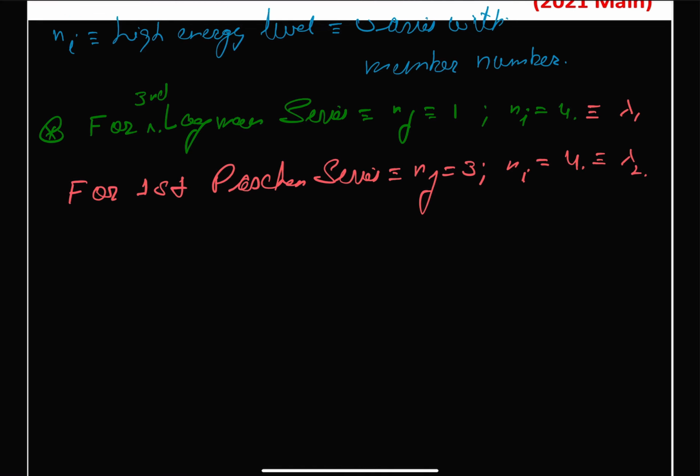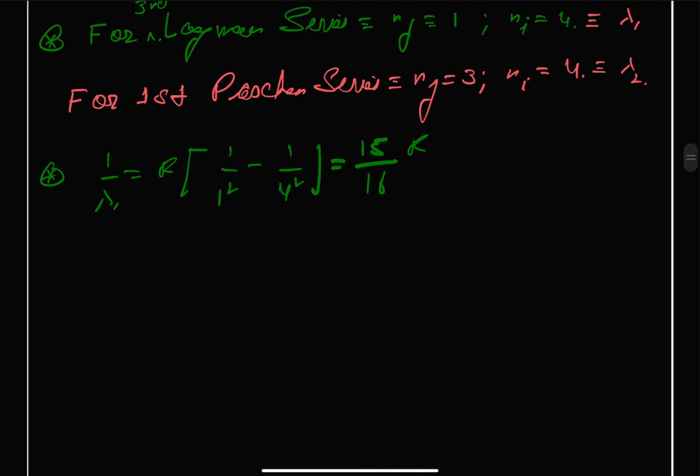Therefore we can write that our 1 upon lambda 1 is equal to R times 1 upon 1 square minus 1 upon 4 square. This will be coming as 15 R upon 16, and we have 1 upon lambda 2 is equal to R times 1 upon 3 square minus 1 upon 4 square.